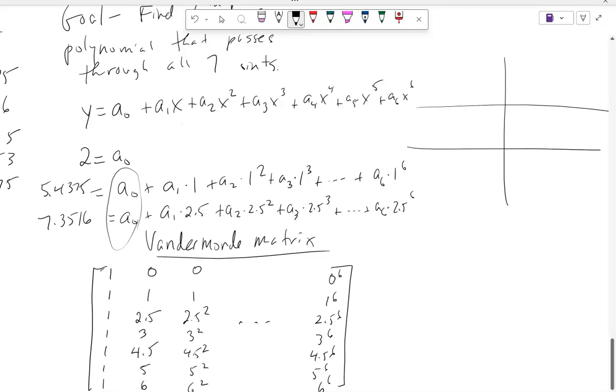Y equals x looks like that. Y equals x squared looks like that. Y equals x cubed looks like that. Y equals x to the fourth, I'm only going to draw the right-hand side, is even flatter and steeper. The next one's even flatter and steeper. They're all starting to get smashed together.